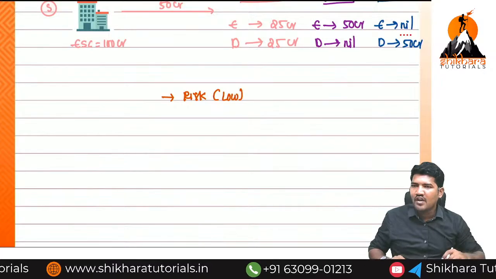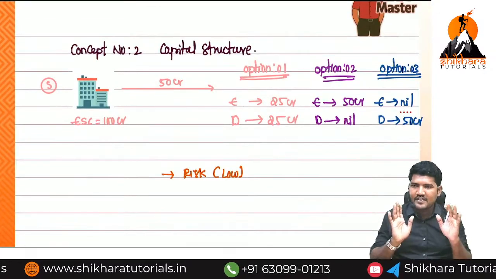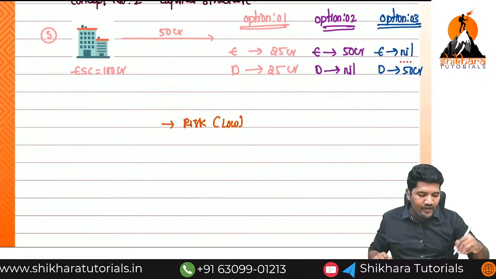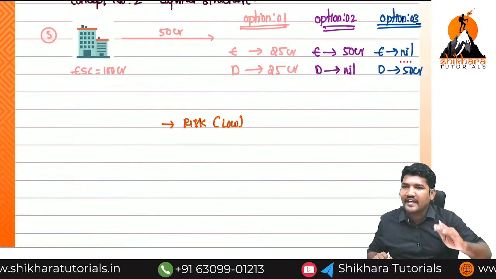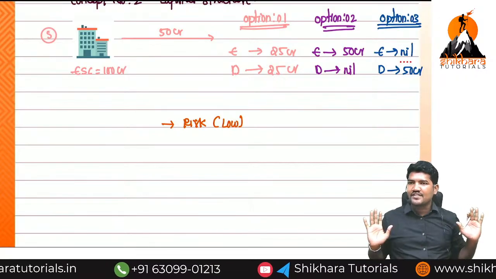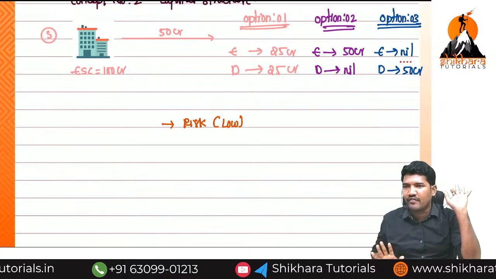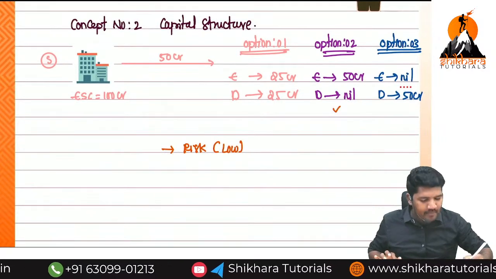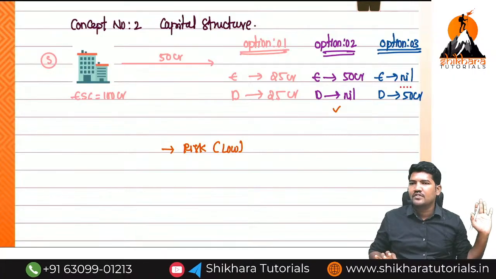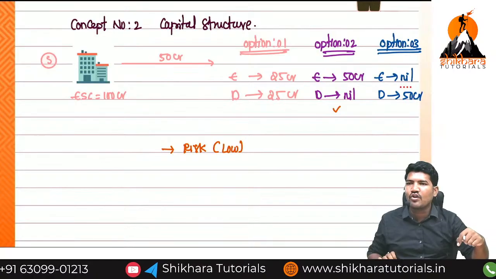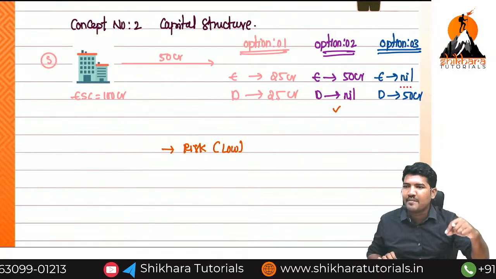Out of these 3 options, I am focusing only on the risk point of view. Where you have low risk, that is the best. From the risk point of view, I think option 2 is the best one. Now I can use the words: option 2 is the optimal capital structure.